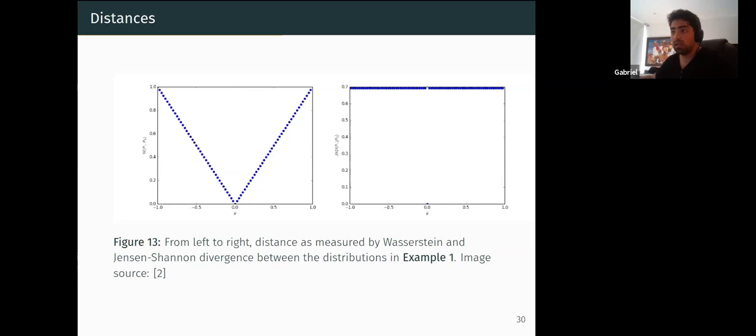So that's what's going on. We can see that while the Jensen-Shannon distance does not provide any kind of meaningful gradient, the Wasserstein distance provides a constant linear gradient. And that's going to be very important to us.